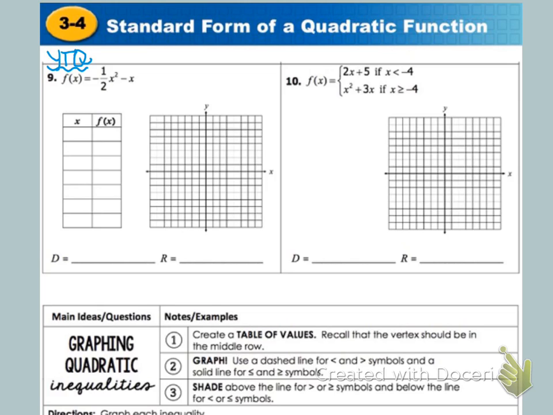We know the domain is, of course, going to be all real numbers, so determine the range, and whether that value is a minimum or a maximum. So go ahead and pause the video now and complete number 9 as a you-try.